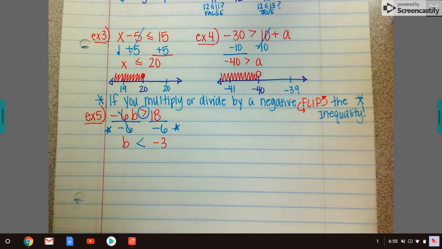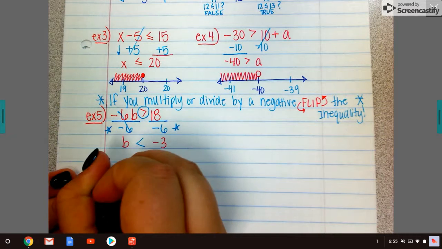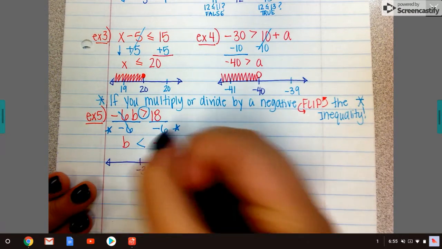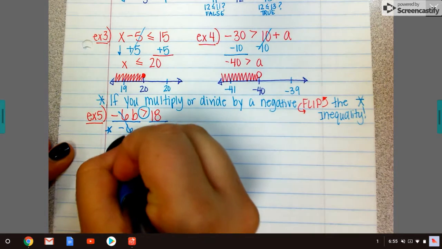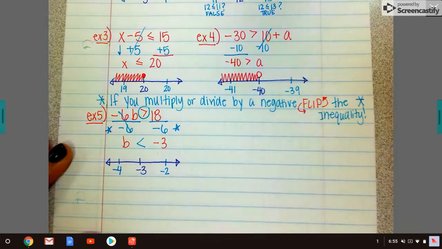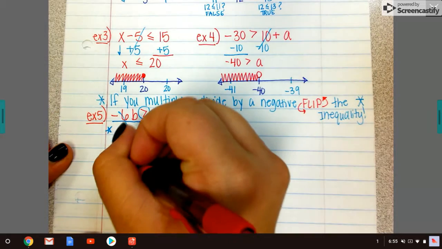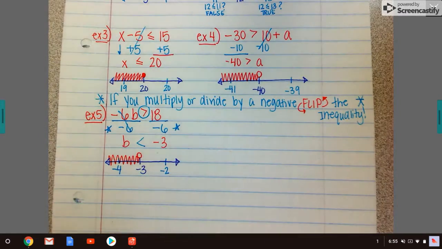So that's a big deal. From here on out, though, we can just graph as normal. So I've got negative 3 in the middle, negative 4 on the left, and negative 2 on the right. Open dot, and b is smaller than negative 3. So shading to the left.